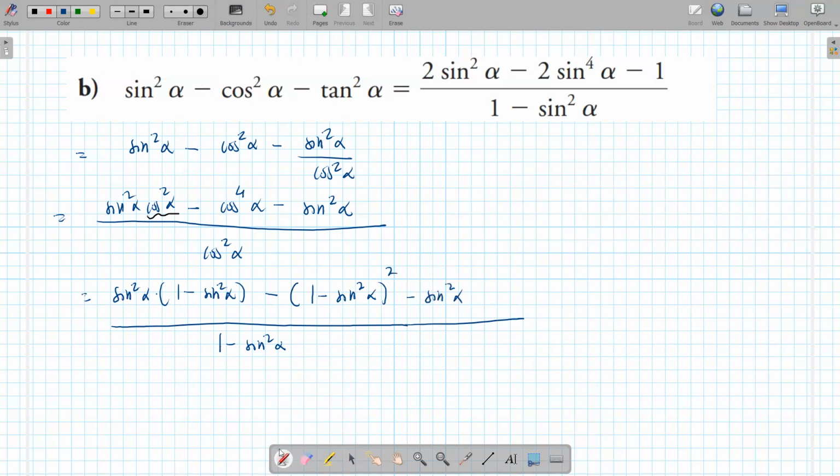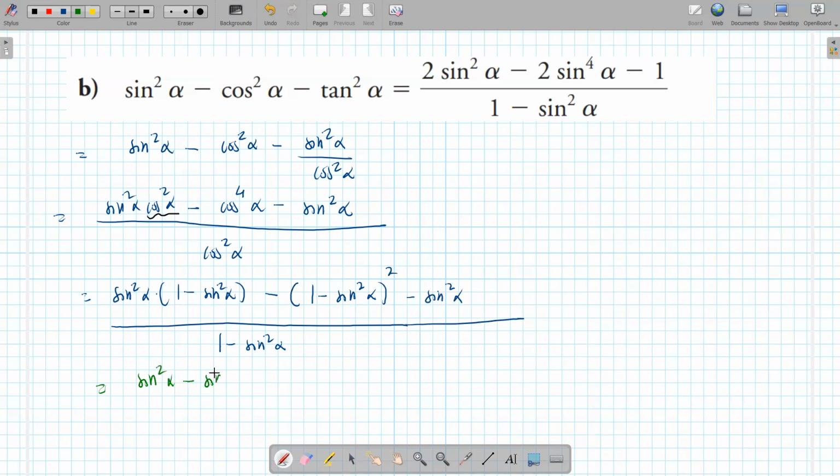Let's open the brackets and hopefully we get something. So if I open that first bracket, what do we get? Sine squared minus sine to the power of 4.